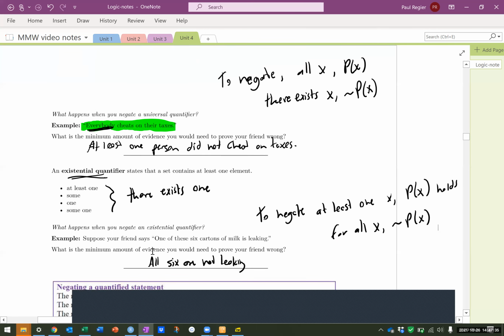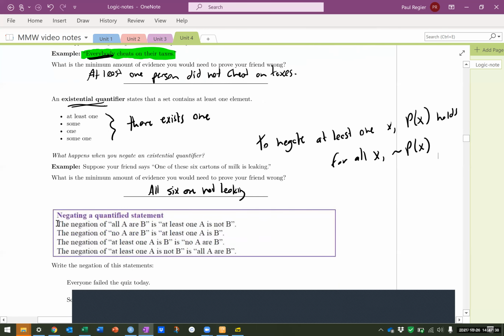So here's the expression of this. The negation of all A are B means at least one A is not B. And the negation of no A are B is at least one A is B. Notice these are the universals, and when you negate them, you get the existential.